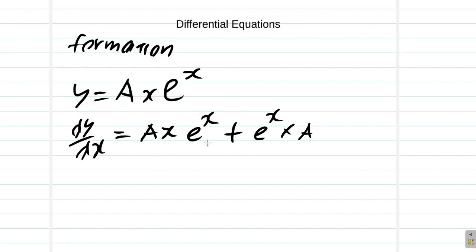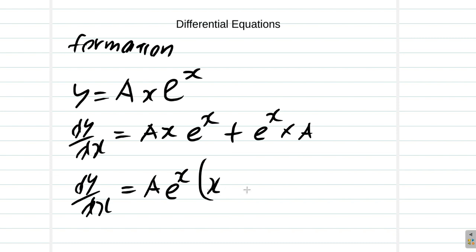So now, what we have here is that dy by dx equals, we differentiate, what we get is a e to the x, and then we're going to have x plus 1 here.